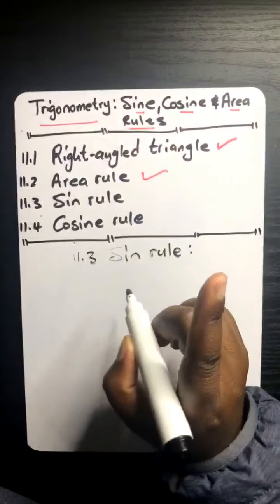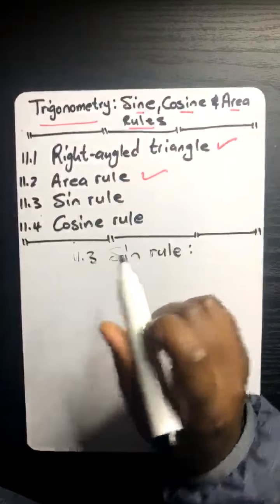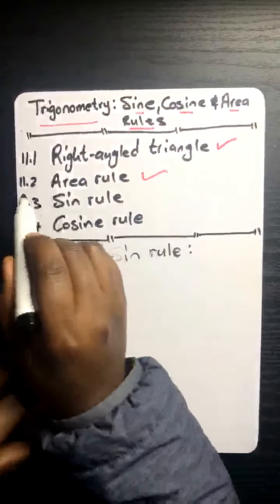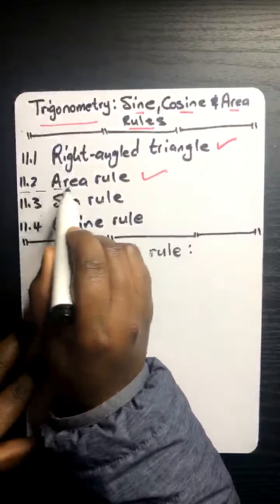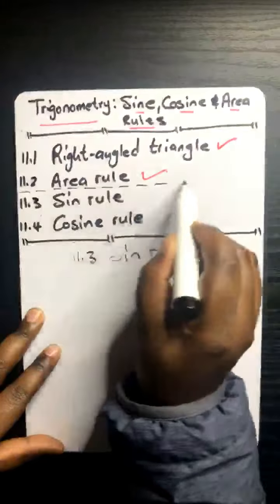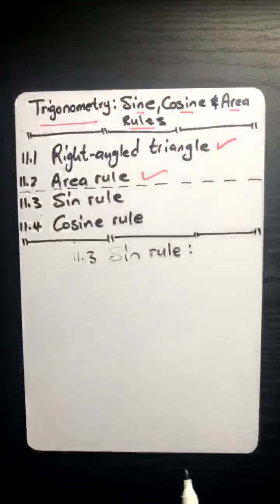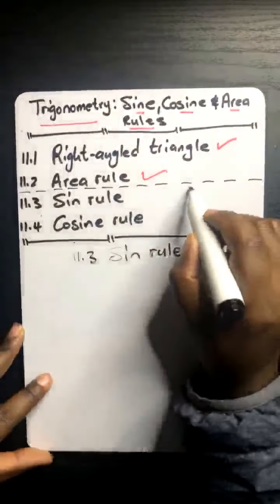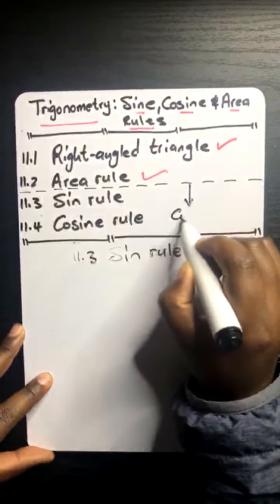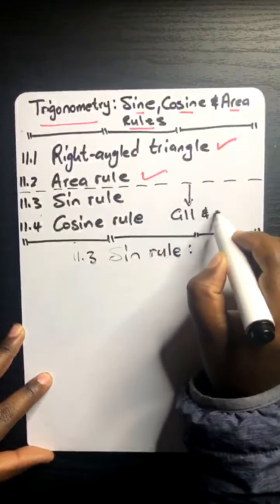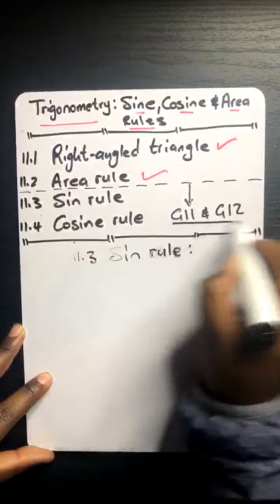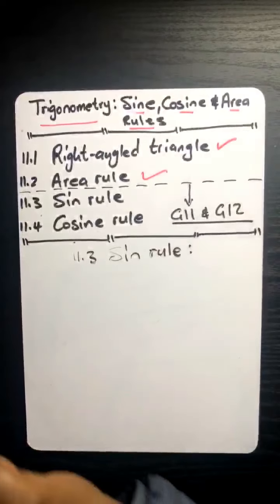Shreyas, your syllabus ends there. So Shreyas, he's in grade 10. Yours ends there. From here going down is grade 11s and grade 12s. So just be aware of that.